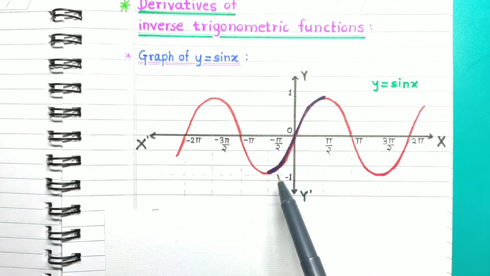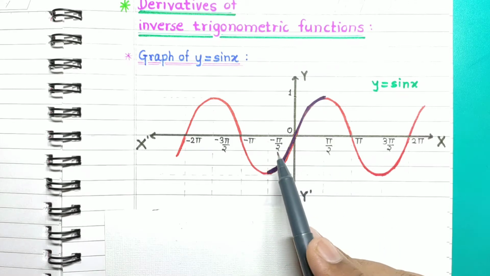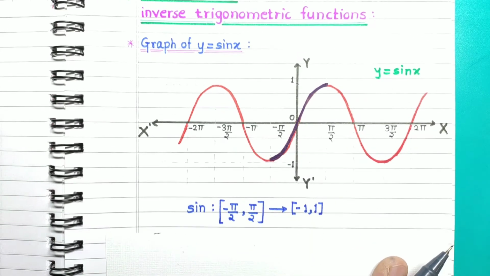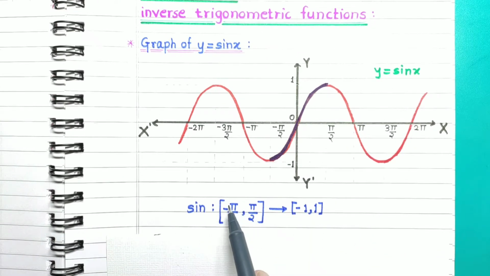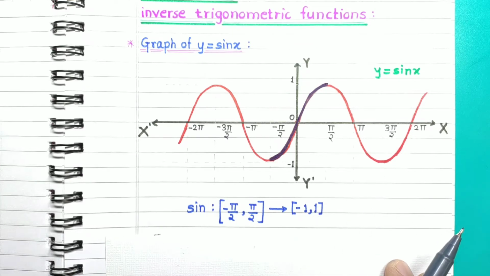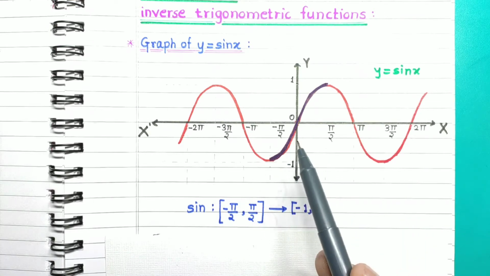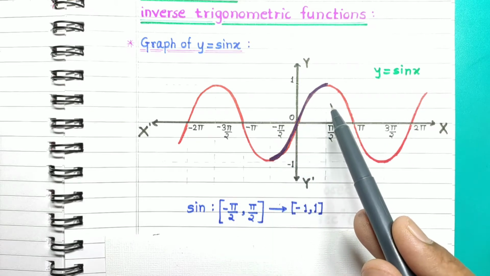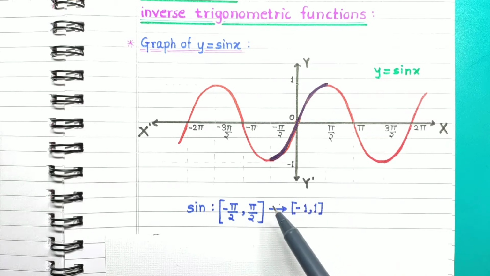So, if we define the sine function on this closed interval minus pi by 2 to pi by 2, see, the sine function from closed interval minus pi by 2 to pi by 2 to its range, closed interval -1 to 1, then it can be verified from the graph that with this domain and range, this sine function is one-one and onto, and therefore the inverse of the sine function exists.